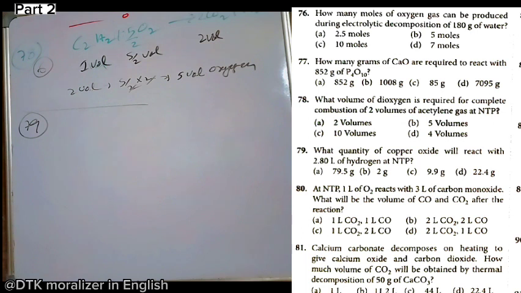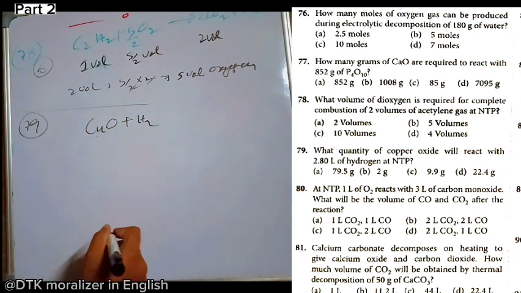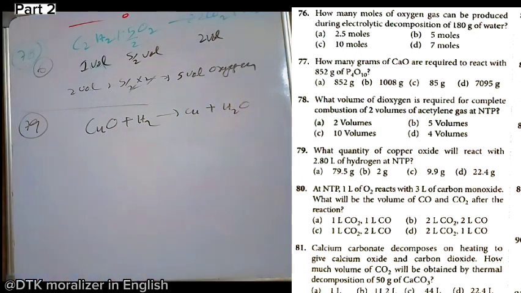Now question number 79. What quantity of copper oxide will react with 2.8 liter of hydrogen at NTP? Here copper oxide plus H2 gives copper plus H2O.